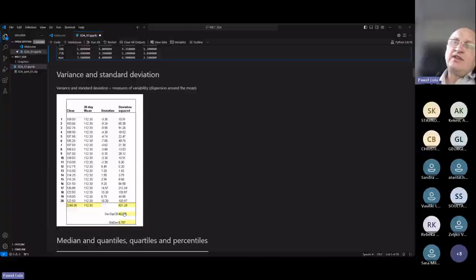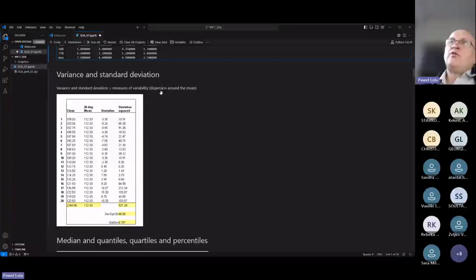So we can say that it is a mean squared difference between a given value and a mean value calculated for all observations.